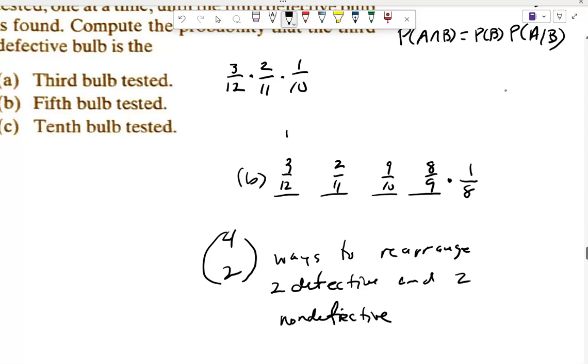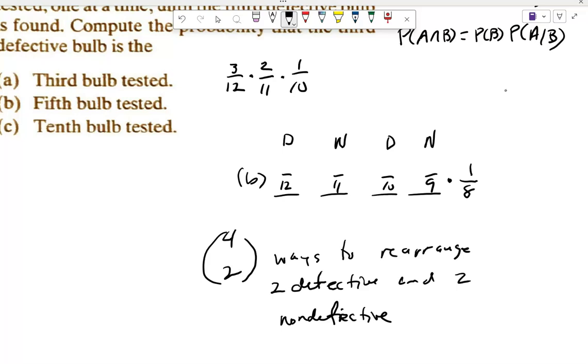This would be again defective, defective, not defective, not defective. Right? We agree with that. What if I'm going to erase my numerators? Don't do this on your paper. I'm going to erase my numerators. They don't feel like writing another line. What if it were instead defective, not defective, defective, not defective?